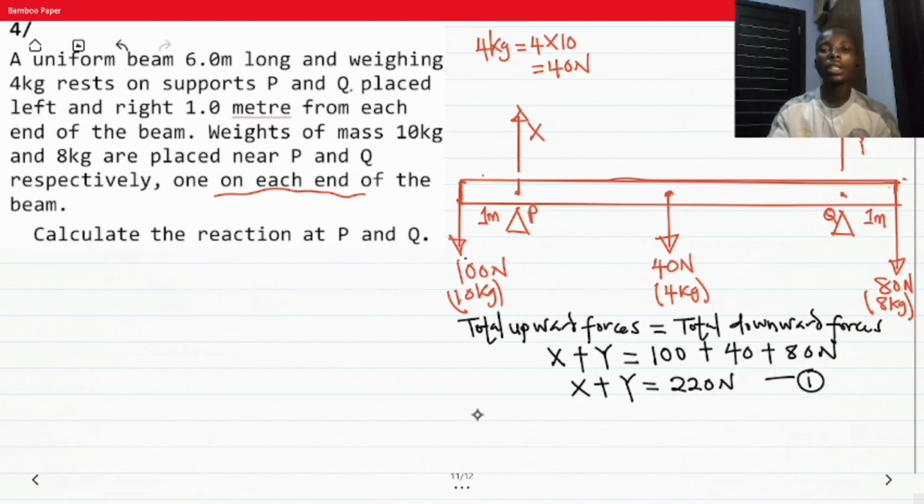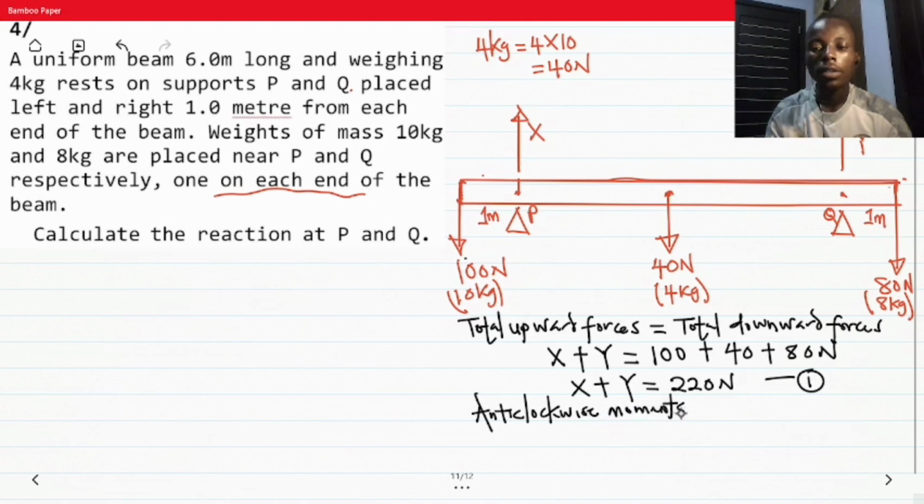Then the second condition of equilibrium: total anticlockwise moment is equal to clockwise moment.